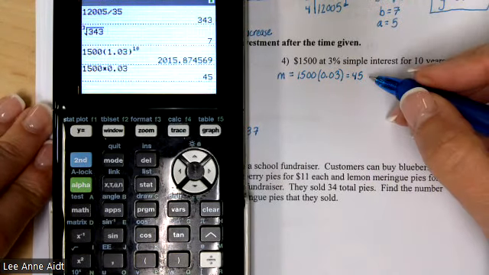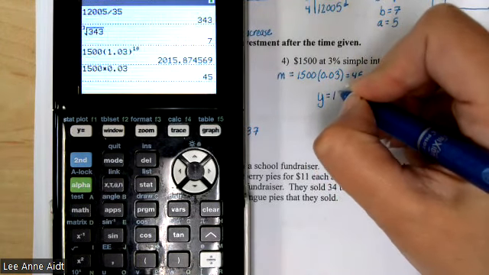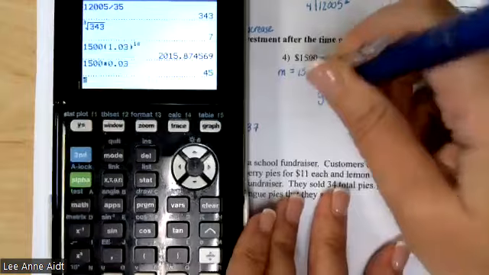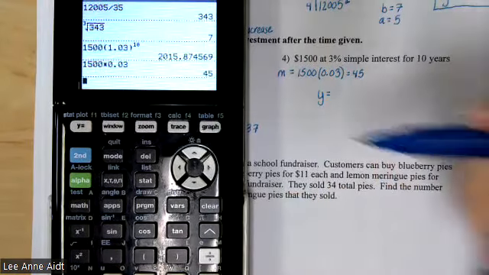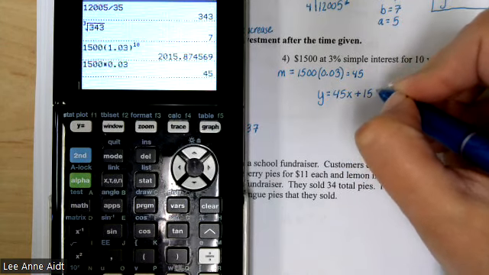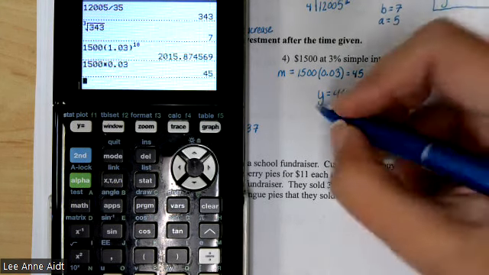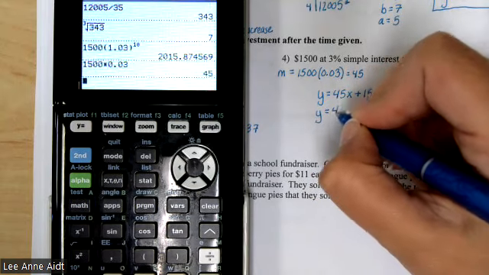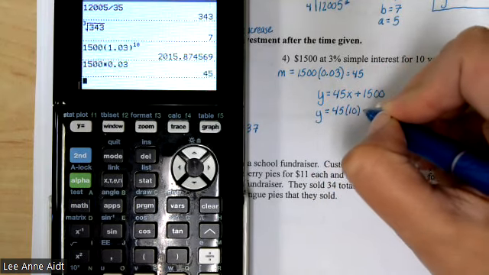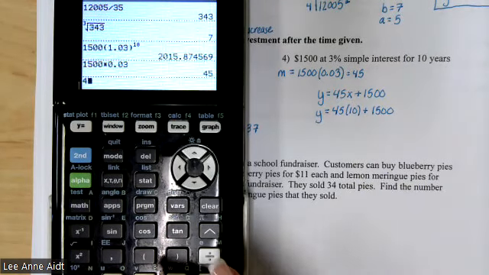That means it's going to go up $45 every year. So y equals 45x plus 1,500. Okay, then I'm gonna find out 10 years, so 45 times 10 plus 1,500.